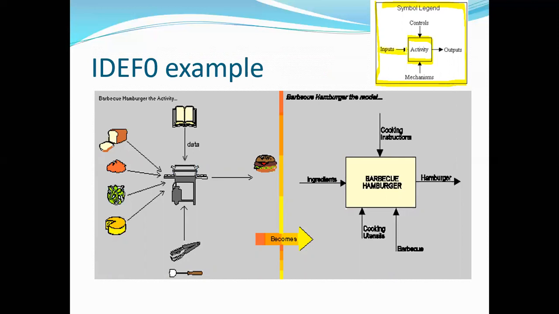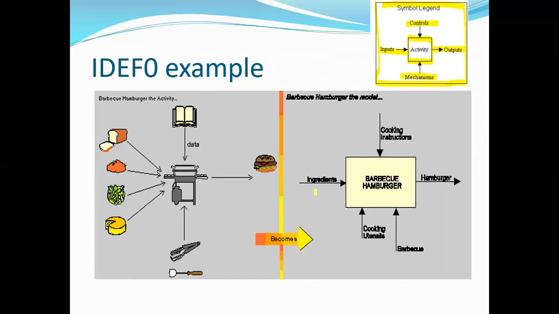The left-hand side describes the input, the right-hand side describes the outputs, and the bottom one describes the machine, the mechanism, the tools that we use to carry out the activity. The upper one is the procedure, the things that we use to control the process.